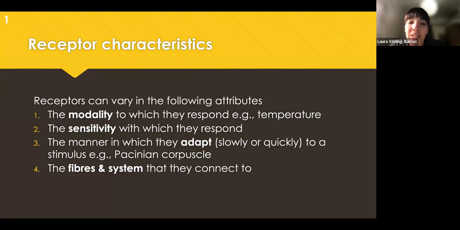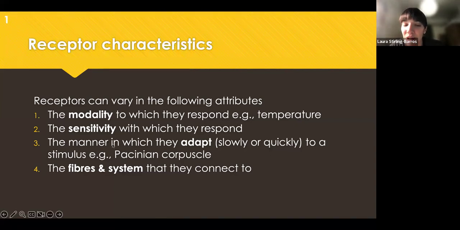What adaptation means is if they adapt slowly, they just keep signaling, or if they adapt quickly, maybe it gives out a signal at the start and then the receptor stops signaling because it adapts to the stimulus.